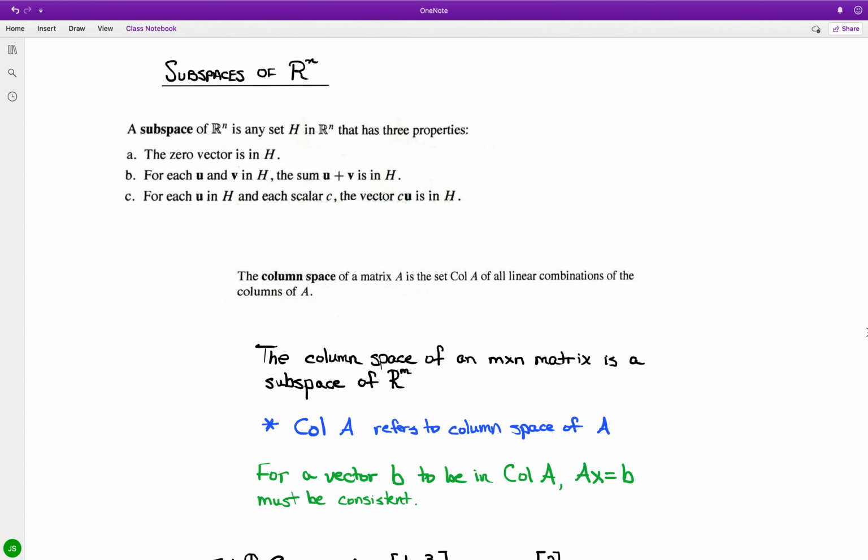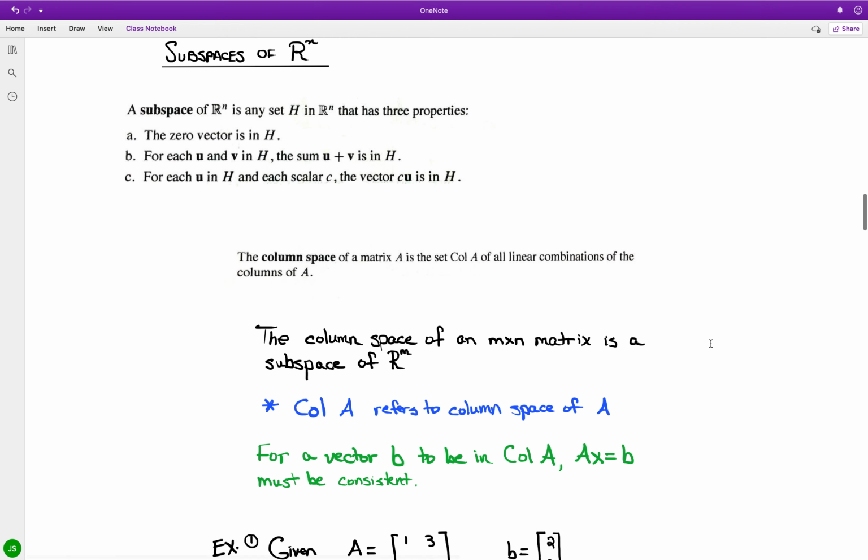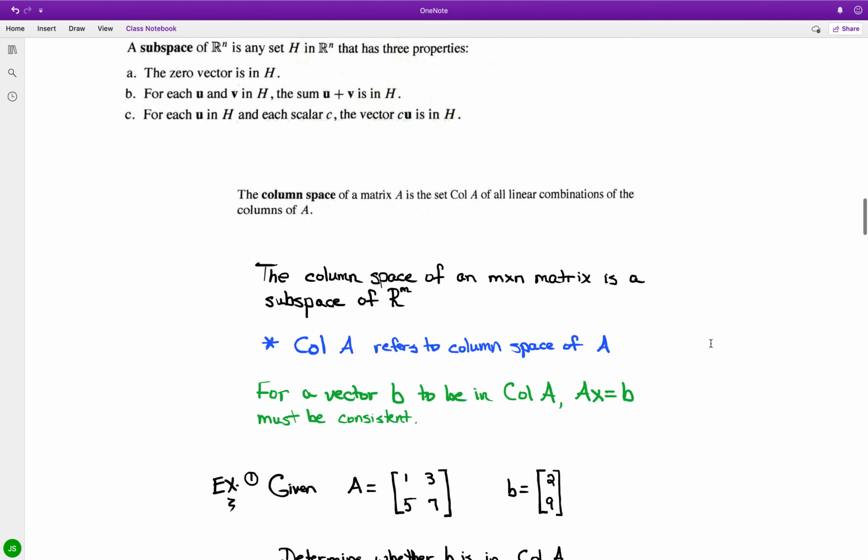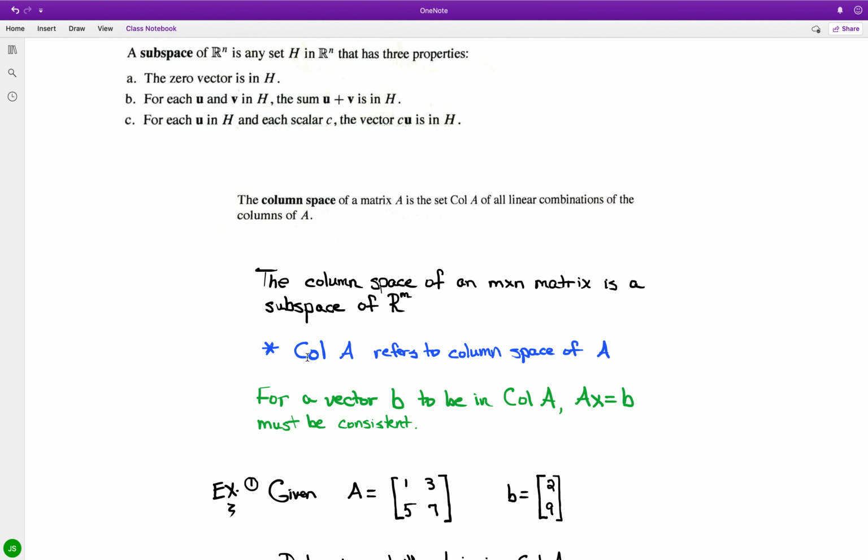The column space of matrix A is denoted as COL A, and it is the set of all linear combinations of the columns of A. The column space of an m by n matrix is a subspace of Rm, where m refers to the number of rows.